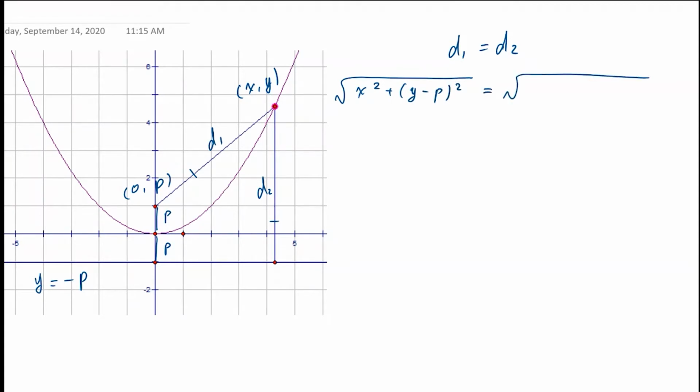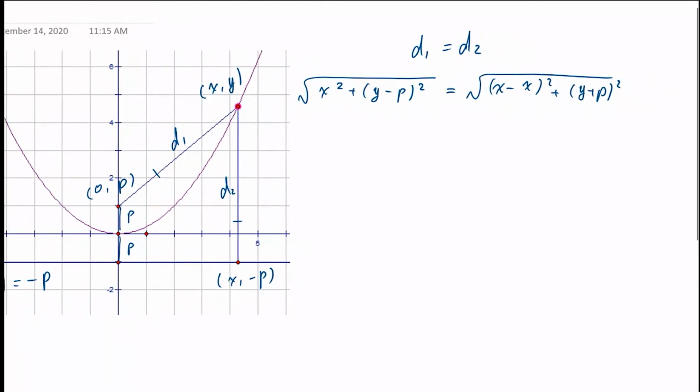And the other side is x minus x. Oh, what's the coordinate here? Is it x and negative p? Y'all agree? So (x minus x) squared plus (y plus p) squared. I'm going to square both sides, and square that thing inside.